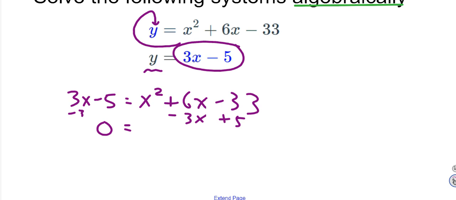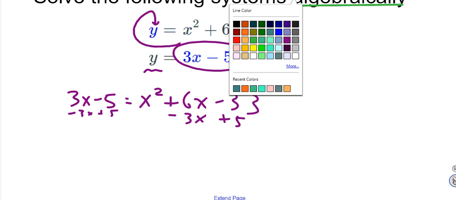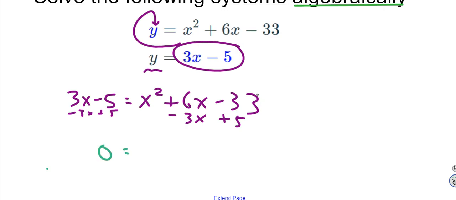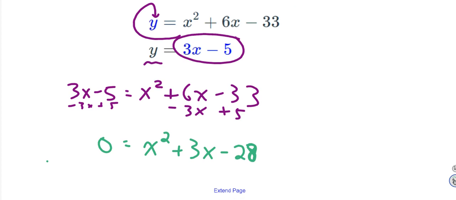Okay, so I end up with a 0 on that side, and then x squared plus 3x minus 27. Does that sound good? No, that should be 28, shouldn't it? All right, 28. Don't trust my math.